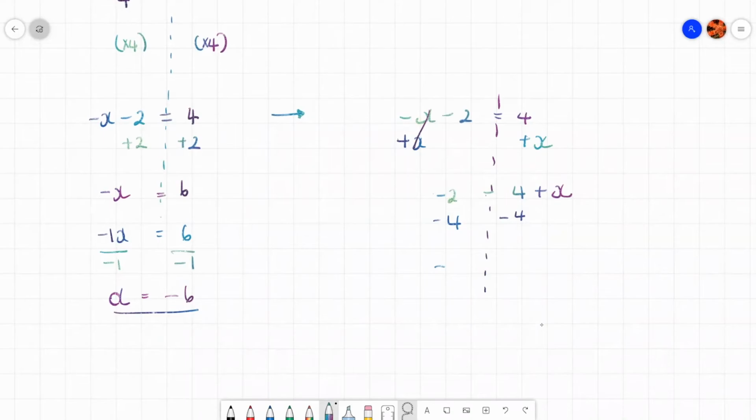Minus 2 take away 4 is minus 6 equals x. And for a minute there, I had to look back to see what mistake I made, because I did make a mistake. I forgot to put the minus in front of the 2, and I wasn't getting the same answer. And I thought, oh, hang on a minute, how can that be? Remember, whichever method you do, you're supposed to end up with the exact same answer.